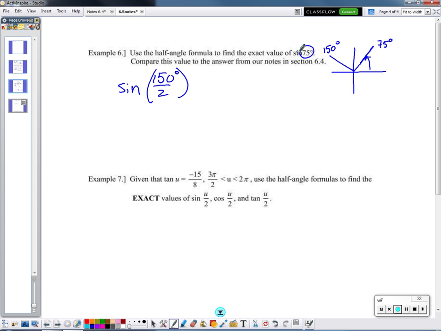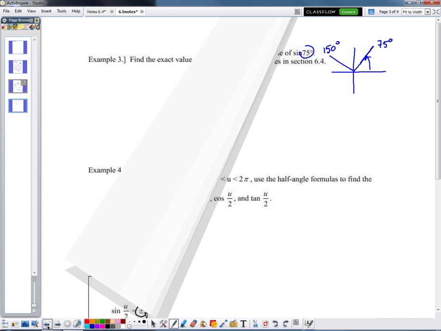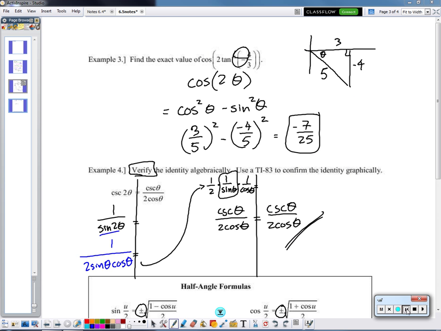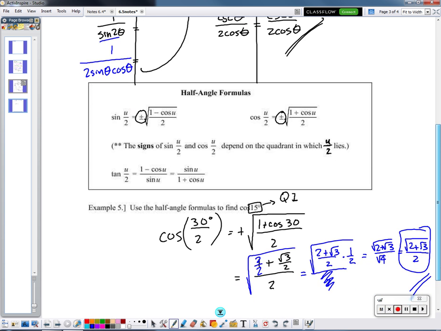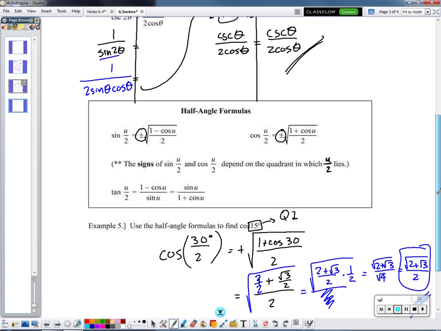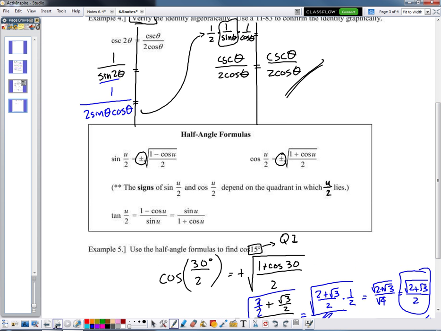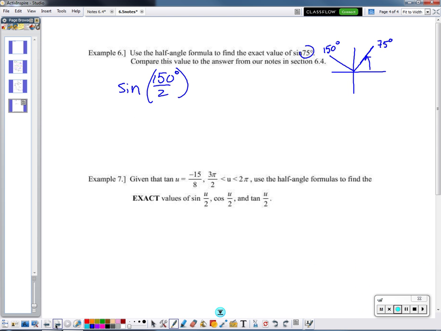So since 30 in the previous problem was also in the first quadrant, now here I'm going to look at where 150 is located. Sine of 150 in the second quadrant is also positive, so this is going to remain positive.